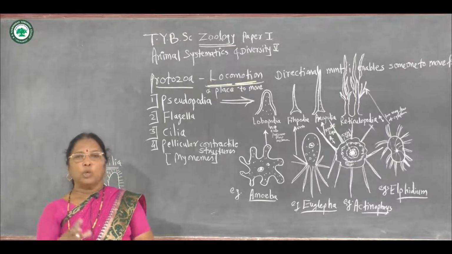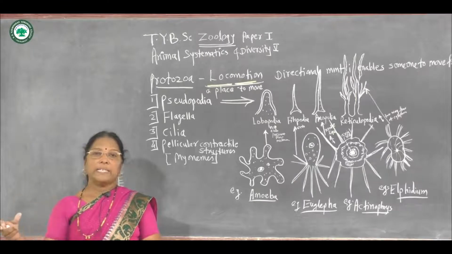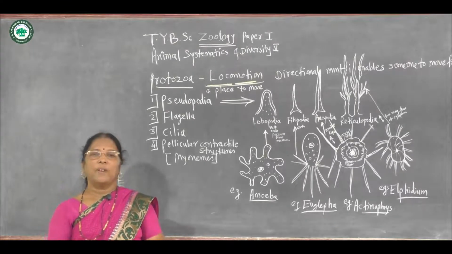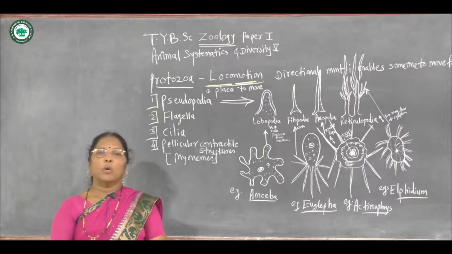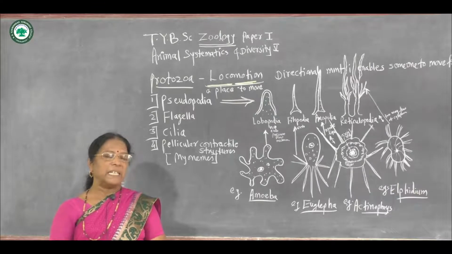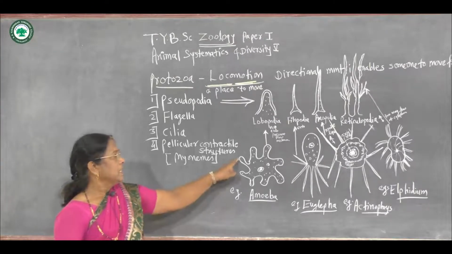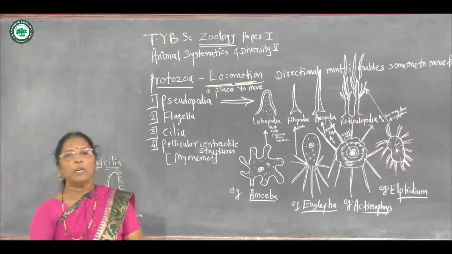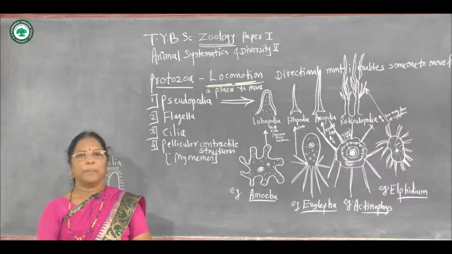From the ectoplasm, locomotor organelles arise outside in the form of cilia or flagella, and some locomotor organelles are present inside, like pseudopodia. So there are 4 types of locomotor organelles embedded within the plasma membrane.